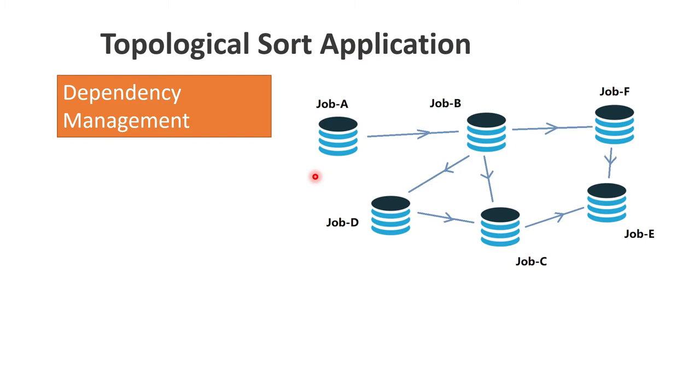Maven is a dependency management tool where, if we are importing any dependency, along with that we have to import some other library which is dependent on this particular library. Then maybe that library is dependent on something else. So how will you determine in which order we have to download the dependencies? That's why in dependency management topological sorting is used.